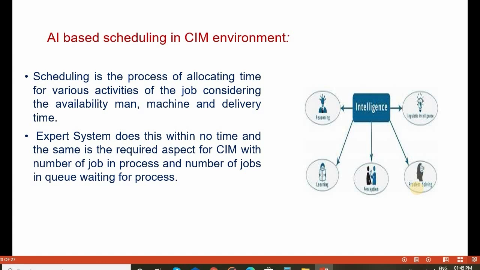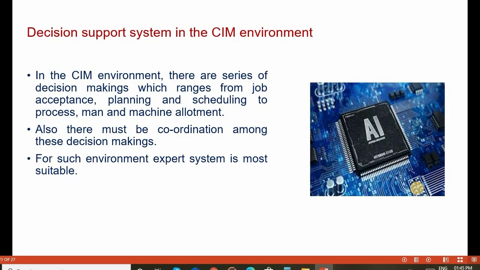In the computer integrated manufacturing environment, there is a series of decision makings, which ranges from job acceptance, planning and scheduling to process, man, and machine development.